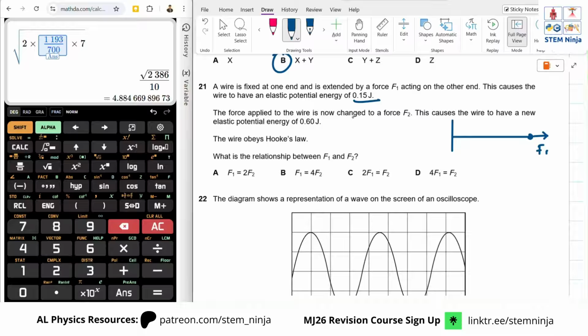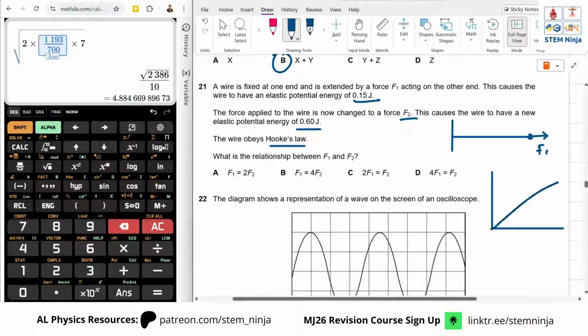The force applied to the wire is now changed to force F2. This causes the wire to have a new elastic potential energy. The wire obeys Hooke's law, that means it's basically under the straight line region.